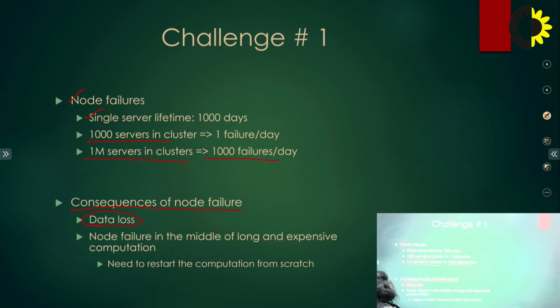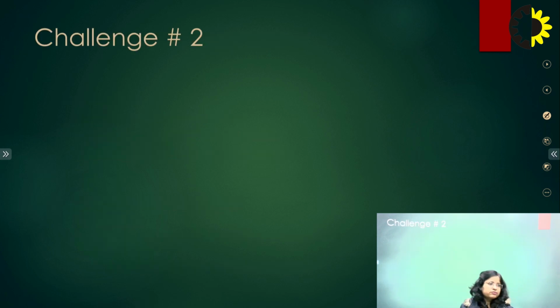The second is node failure in the middle of long and expensive computations. If we are performing some computation and suddenly the server at which the data is stored stops working, the computation going on that server is stopped, or we need to restart the computation from scratch. So this is challenge one.